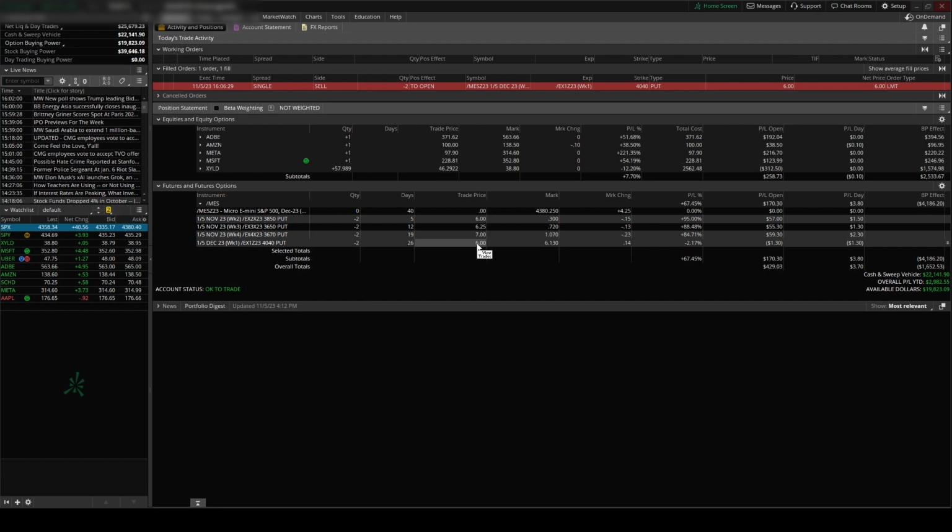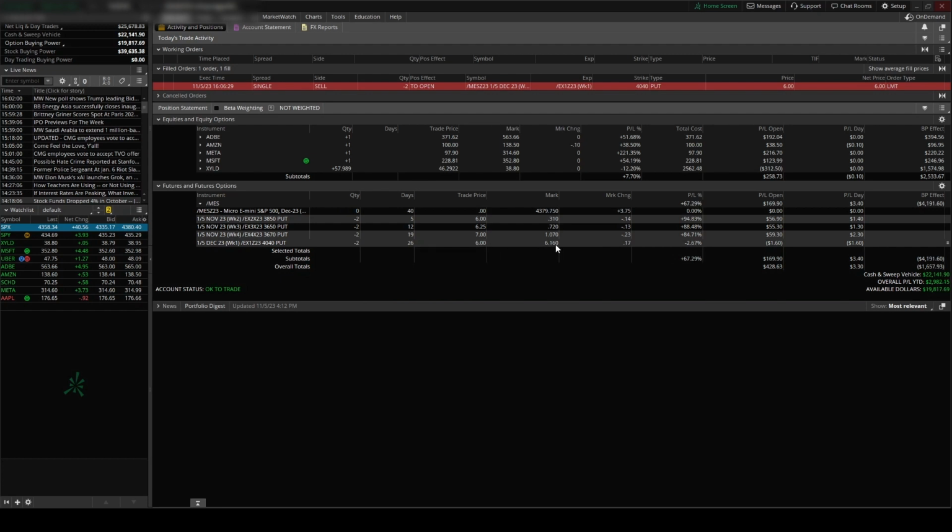And with the trade price, we sold it at $6, and right now it's worth 6.13. Obviously, we want that to go down to zero, so we buy it back at zero. So the market price right now is 6.16. So if we bought it right now, we would buy it at $6.16, but we sold it at $6, which means that we would lose money.